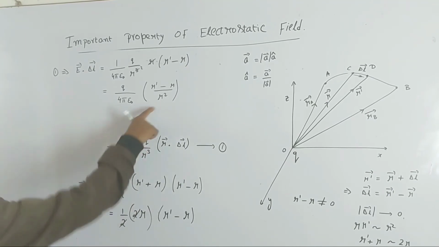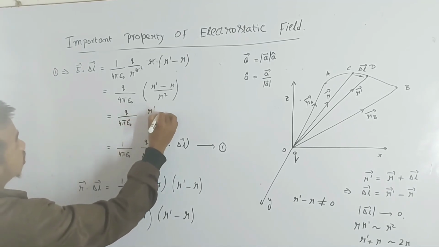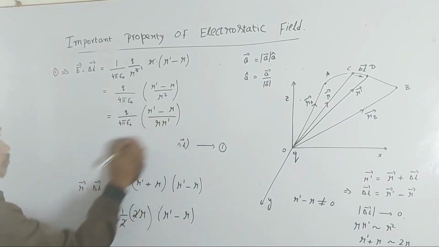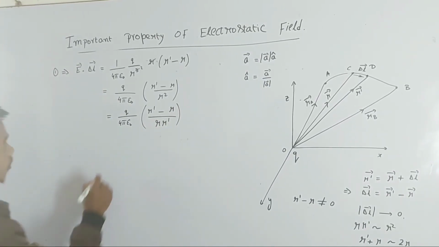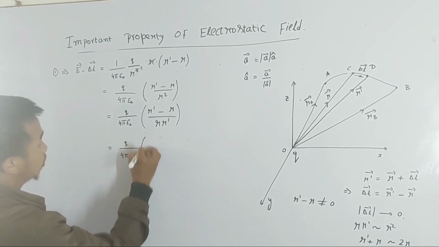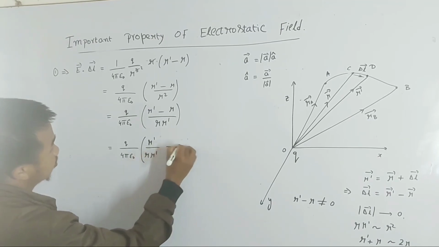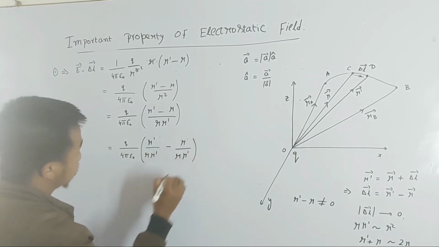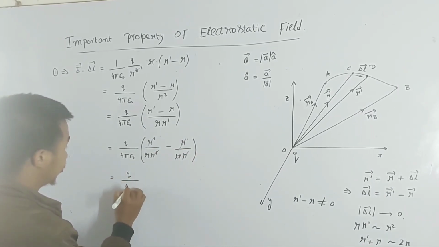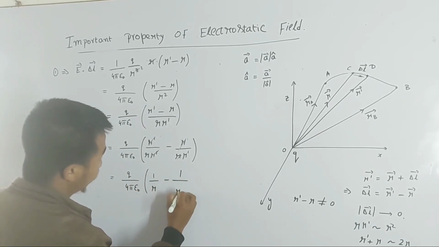So therefore, instead of R square, I can write R dash minus R divided by R dash. So this becomes Q by 4 pi epsilon naught, R dash divided by R dash minus R divided by R dash. So R dash will get cancelled. So it becomes Q by 4 pi epsilon naught, then 1 by R minus 1 by R dash.